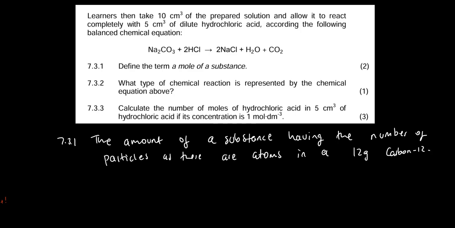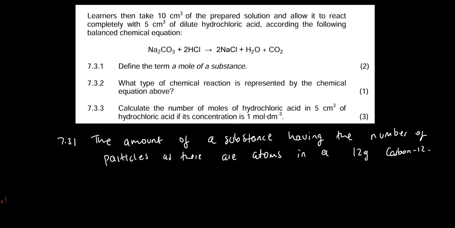Like I said last time, if you have 12 gram of carbon 12 atoms, the atoms that are there are the same as the Avogadro's number. That's why we say that the Avogadro's number represents 1 mole of a substance.